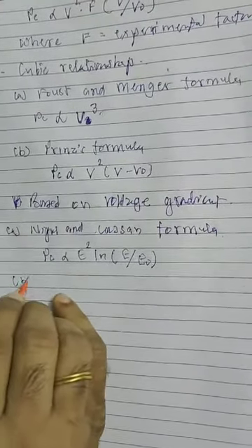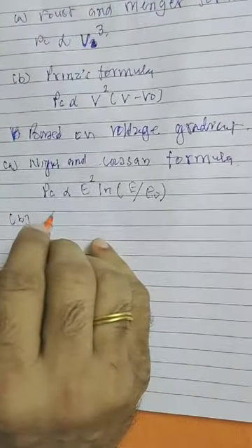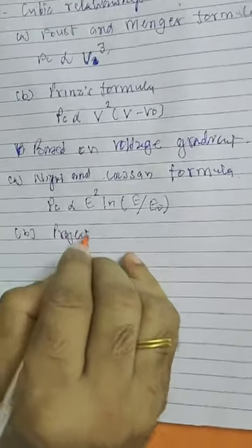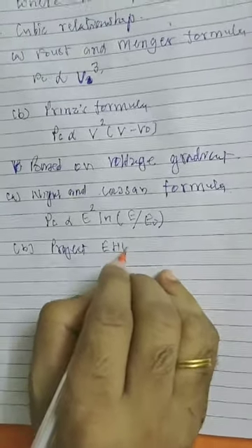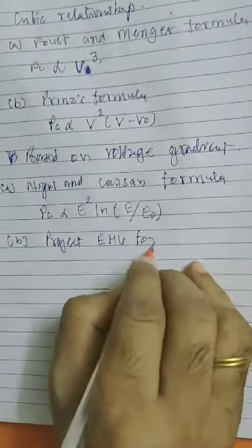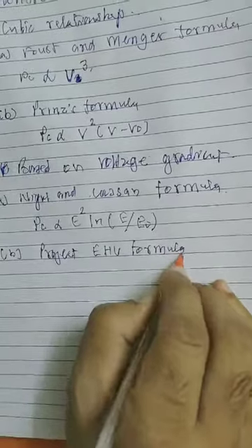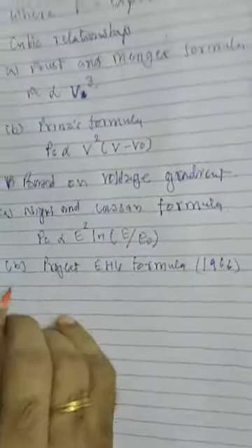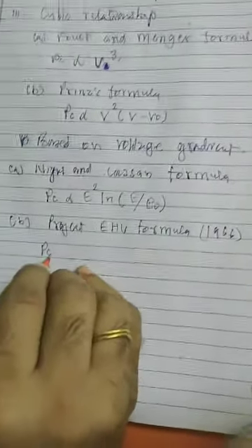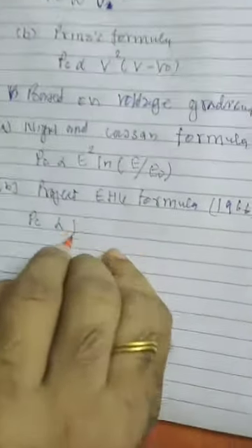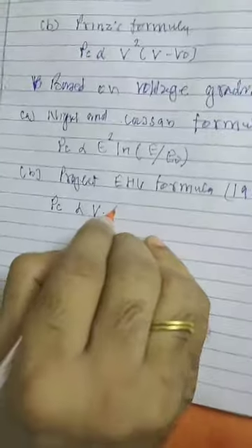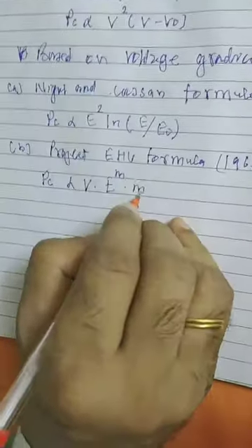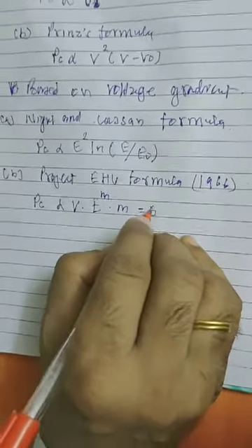And as per the Project EHV formula in 1966, corona loss Pc is directly proportional to the product of V and E raised to m, where m is equal to 5.